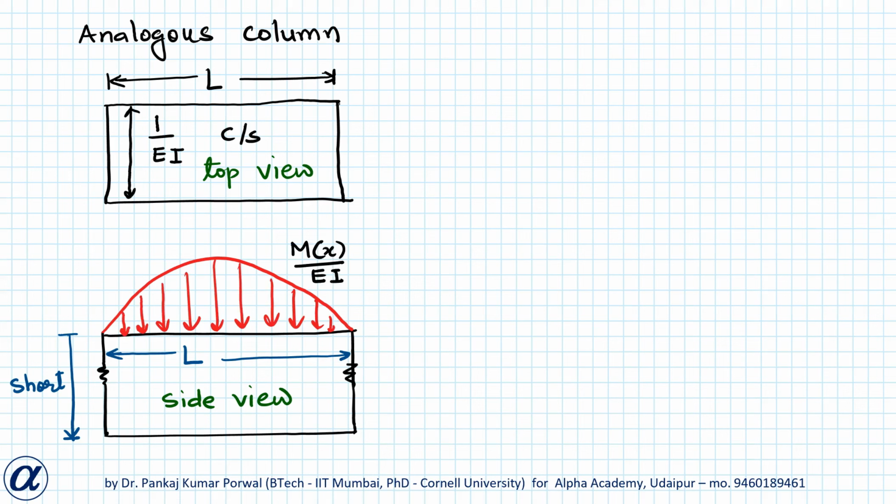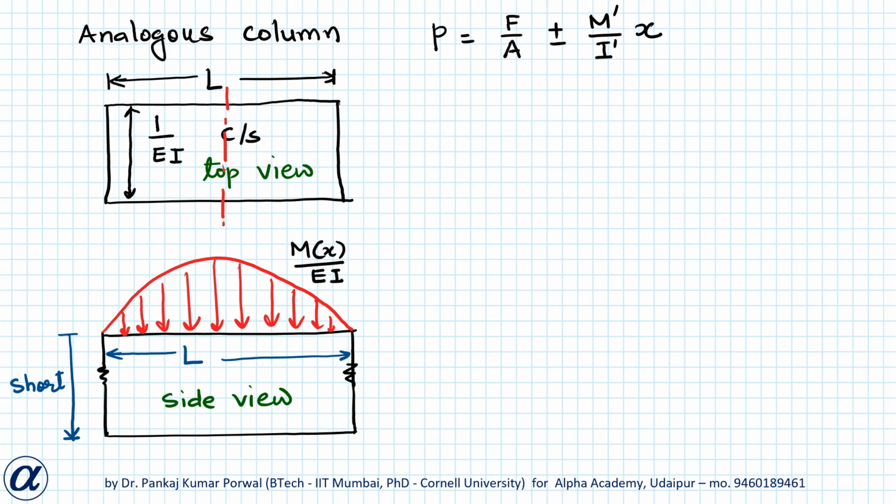Now pressure at the base of column because of this loading can be written as P equals F by A plus minus M dash divided by I dash into X. F is the total force because of loading on the analogous column. A is the area of cross section. M dash is the moment because of the loading on the analogous column about the centroidal axis of the column cross section, and because we have a rectangular cross section, the centroid will be the middle of the cross section.